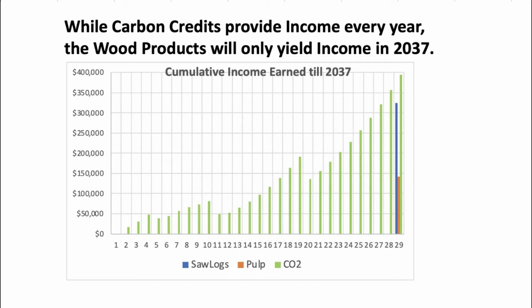And we can see in this graph that the value of the sawlogs might be something like 320,000 at the end of that 30 years. The pulp would be about 140,000, and the cumulative value of the carbon credits, which have been accruing year by year, has risen to about 390,000 by the end of the 30 years.